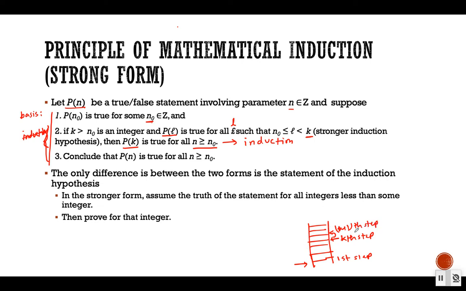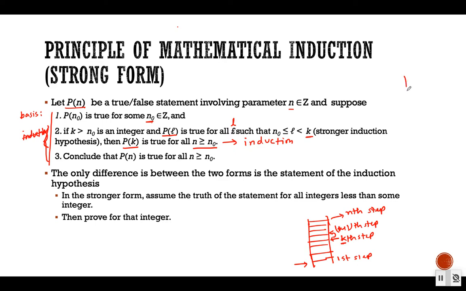That's our regular mathematical induction, because if we are at any step k, we can take the k plus 1 step. That will prove that we can go to the nth or any given step. So that's like a ladder.